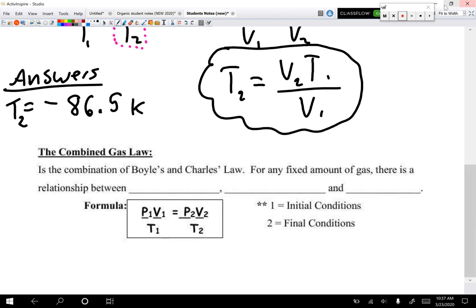So basically, after Charles' law right here, what we have next is just the combined gas law. So this is combining both Boyle's and Charles' law together for any fixed amount of gas, and this is the relationship between pressure, volume, and temperature.